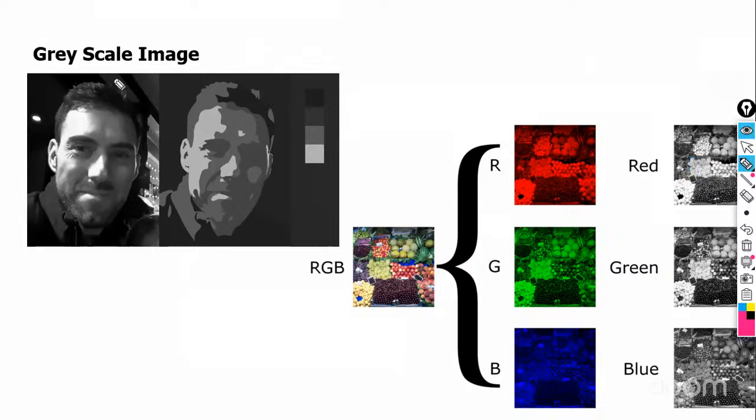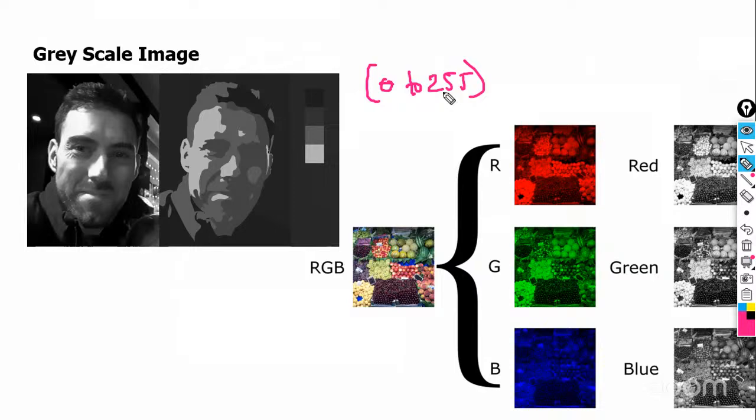So in a grayscale image, you'll have only pixel values ranging between 0 to 255, where 0 represents black and 255 represents white.